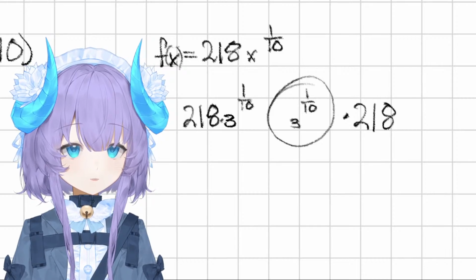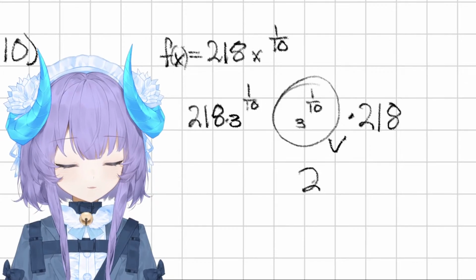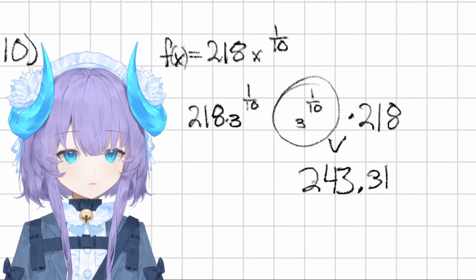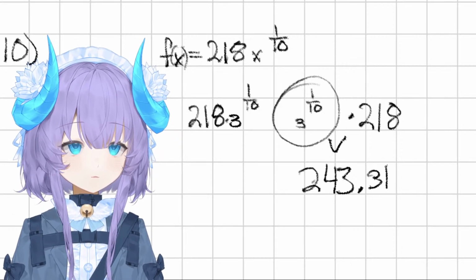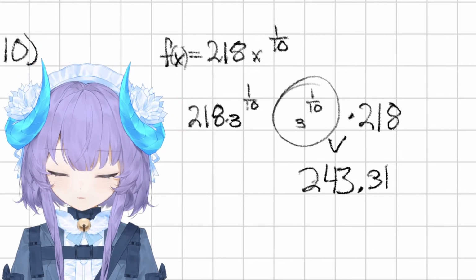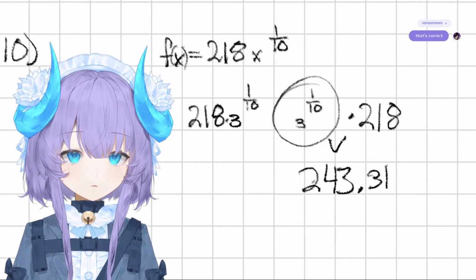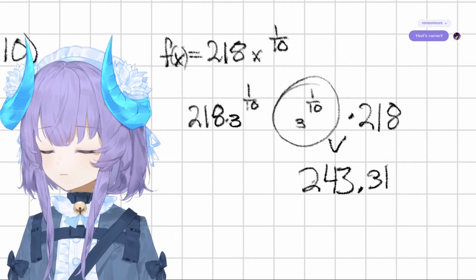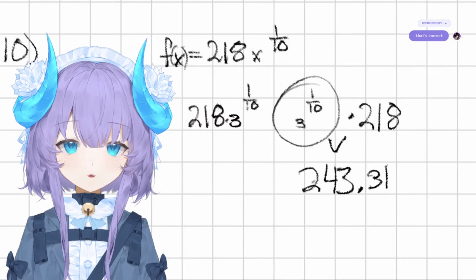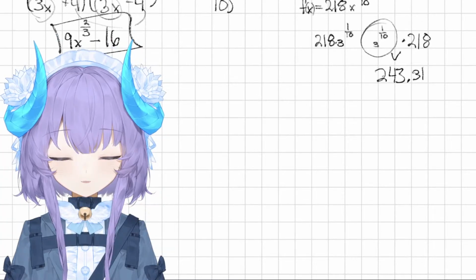That equals... This equals 243.31. So it'd be 243.3? Yay! We did it! We did it! We did it! Hooray! Fill in the blank to correct the thing.